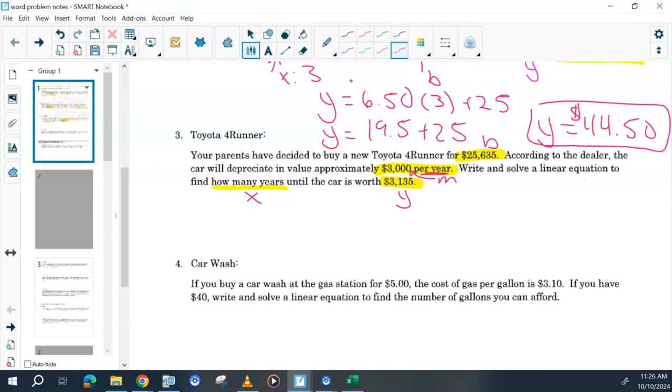Now, in this one, because it's depreciating, it's losing value, instead of adding b, we're going to subtract b. So when we set that up, we have 3,135 equals our 3,000 times x, we don't know what that is, minus our 25,635.